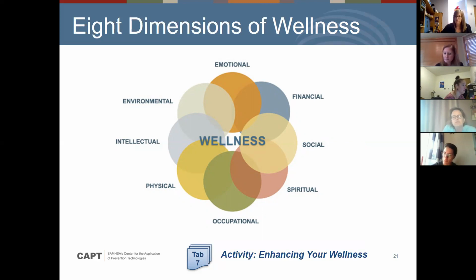But I would encourage you to go through this, and it will help you to see where you need to improve. Is it underneath the emotional category? Am I looking at financial, social, maybe it's physical? Where is it that I need to step up my efforts a little bit to take care of me so that my wellness wheel is balanced?